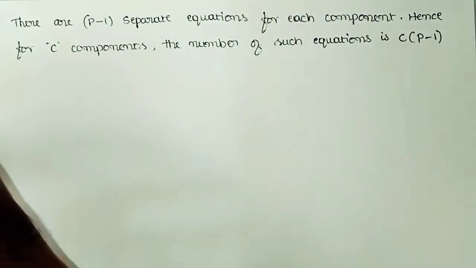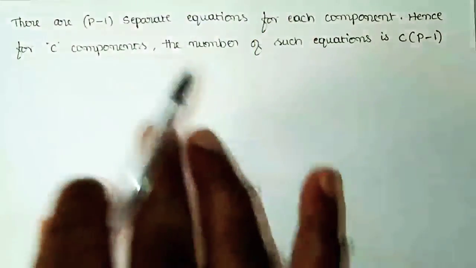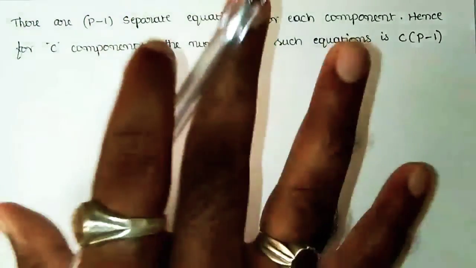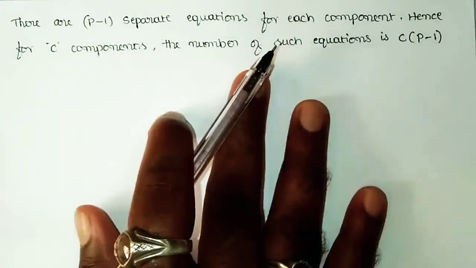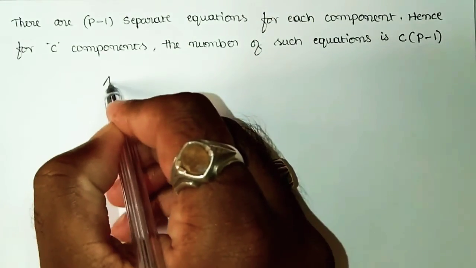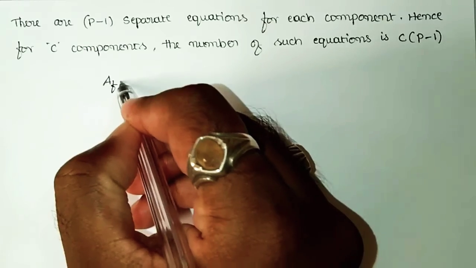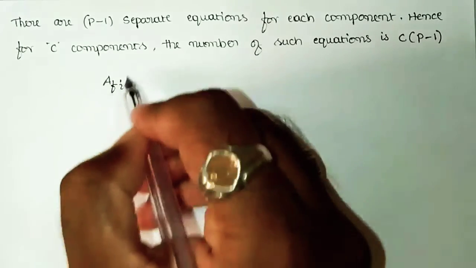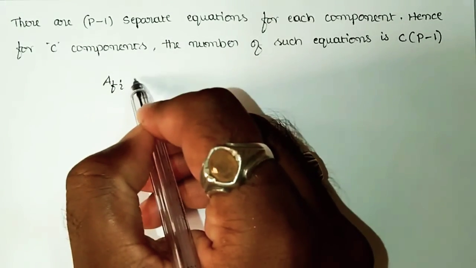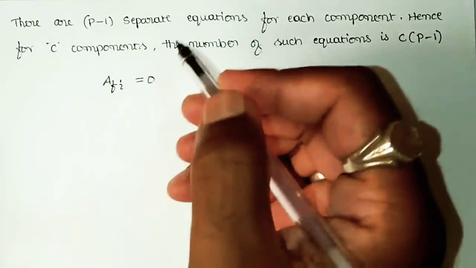So the chemical affinity between the components, between the particles of components present in two different phases, will always be 0. There is no interaction at all. So if AF is the chemical affinity, then for I number of particles the chemical affinity will be equal to 0.